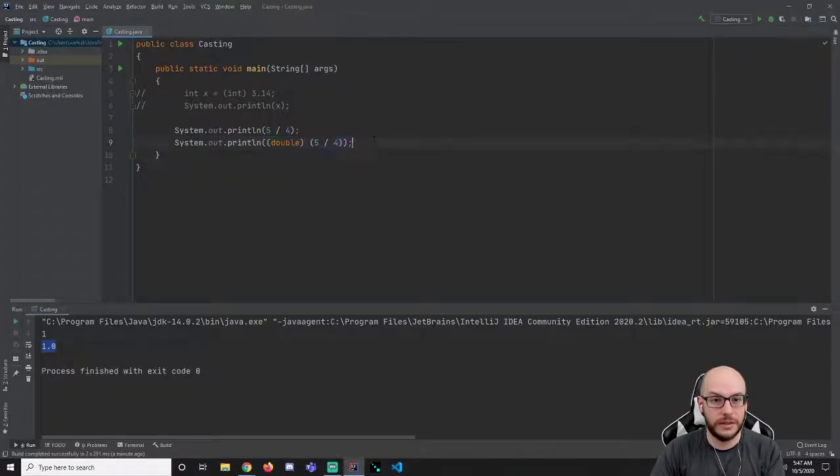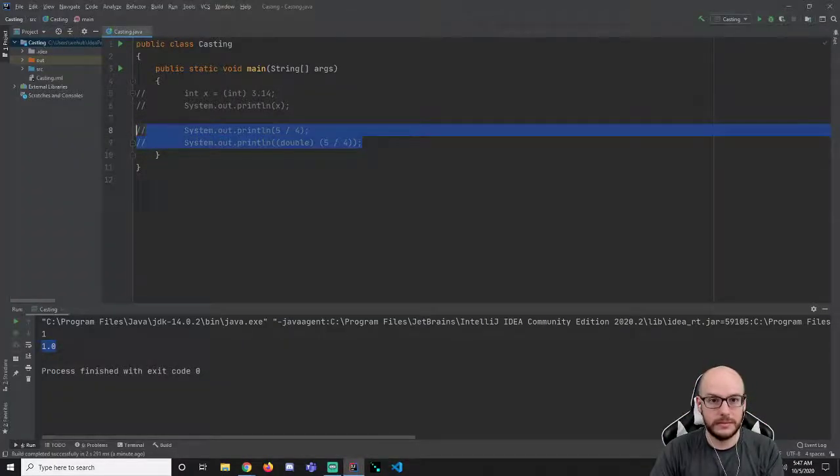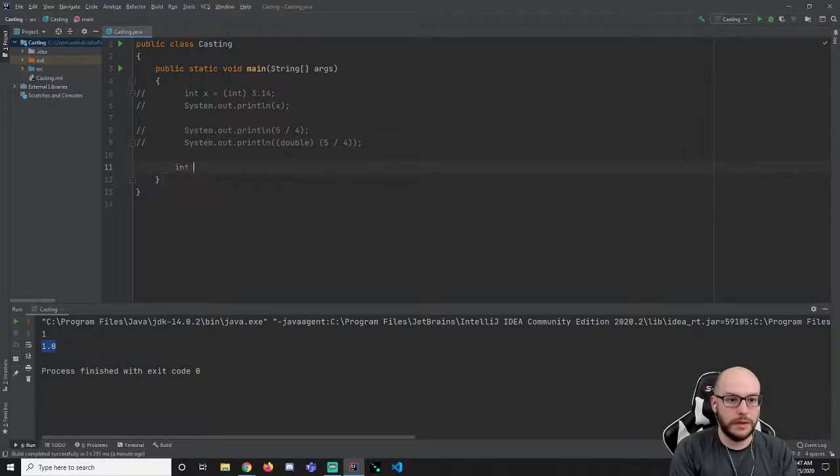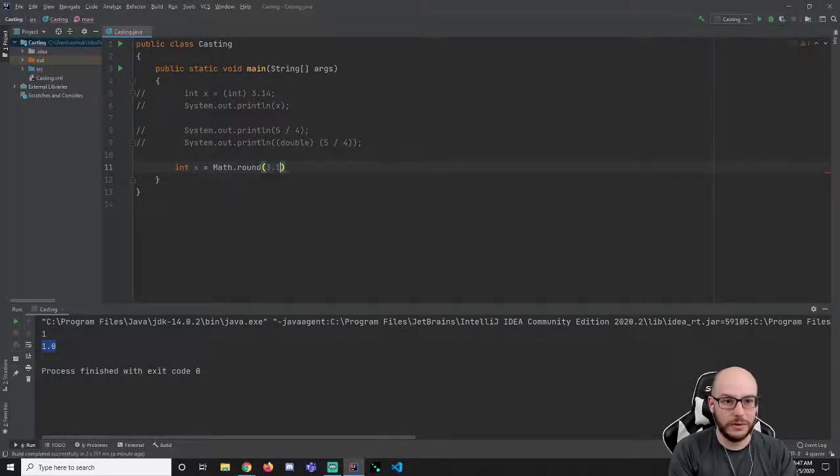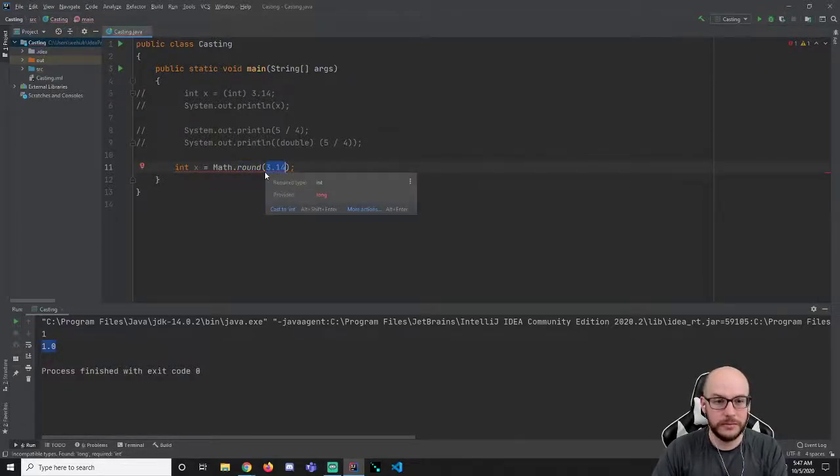Let's demonstrate this. I'm going to create integer x, and it is going to be Math.round on 3.14. Think about this for a moment. If we were to round 3.14 in the way that round works, it follows the normal math rounding rules. This should round down to 3, just 3.